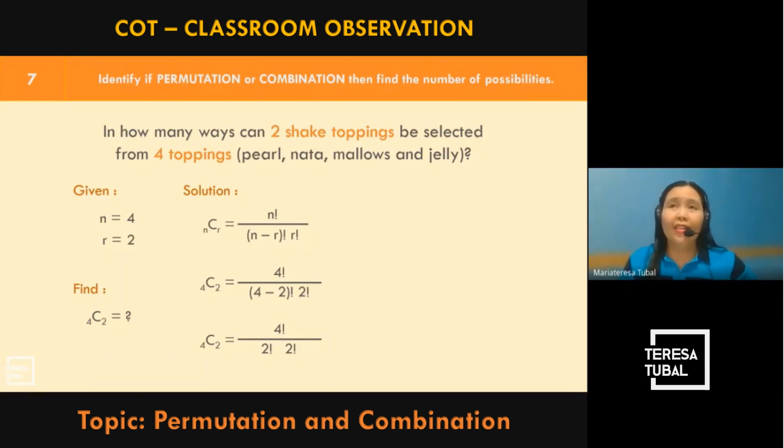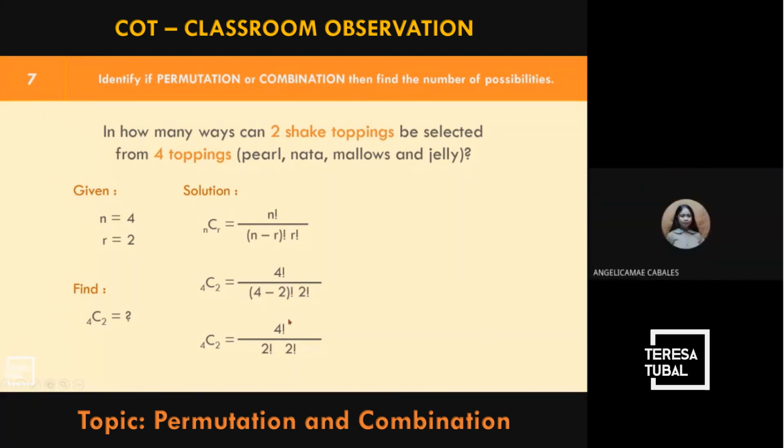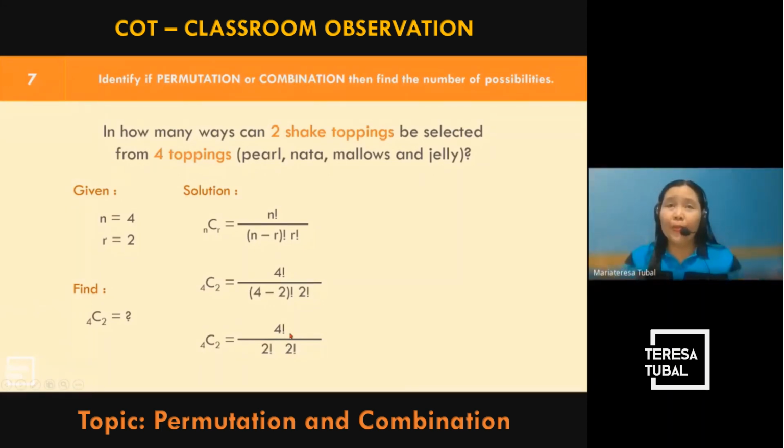Okay, so let us try to solve now to identify how many ways can 2 shake toppings be chosen. Yes, Angelica May? 4 times 3 po, ma'am. 4 times 3 up to?